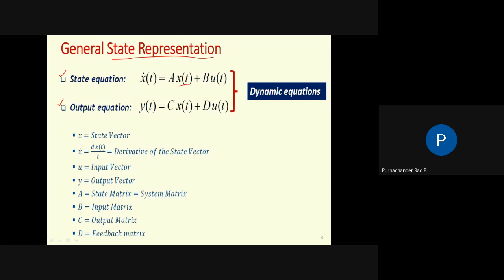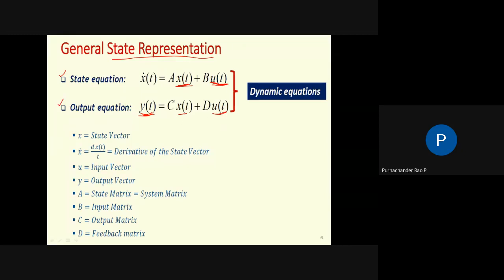These are the state variables. x(t) is the state vector, u(t) is known as the input vector, and similarly y(t) is called the output vector.